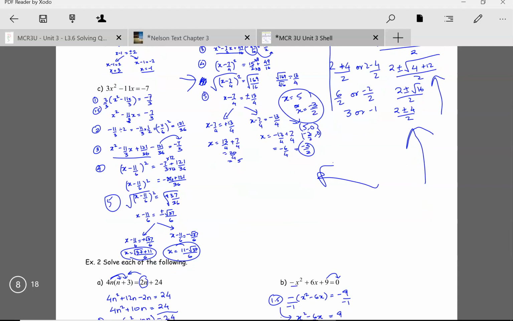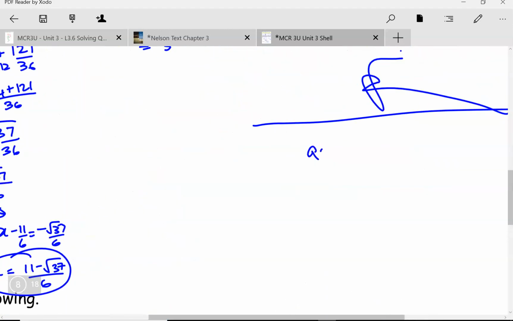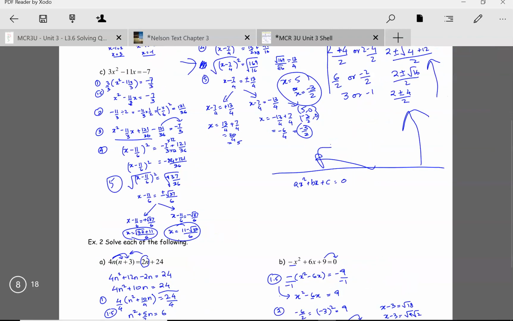But interestingly, if you are willing to give it a try, you could probably even Google this, I would recommend starting with ax squared plus bx plus c equals 0, which is the standard form of a quadratic, and following the exact 5 steps that we do to complete the square.